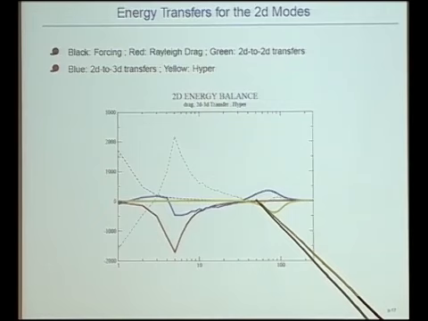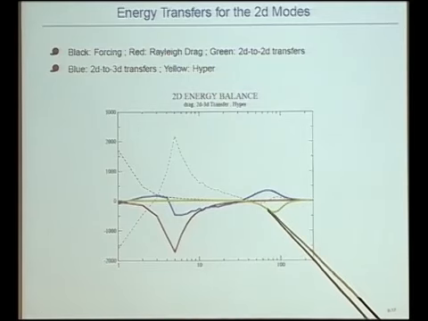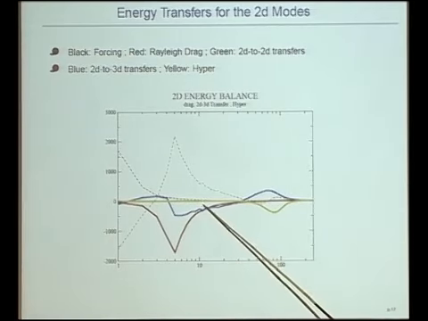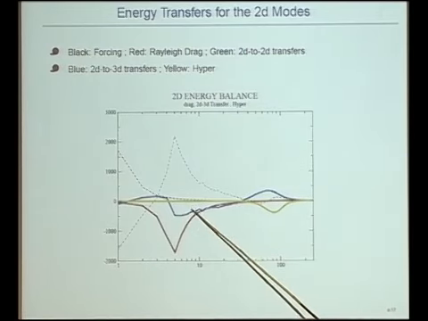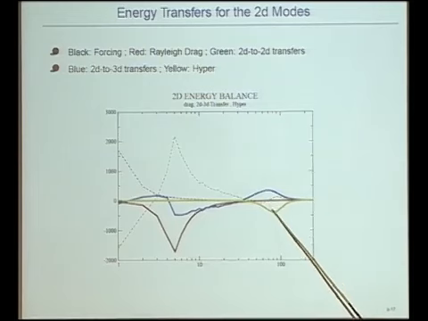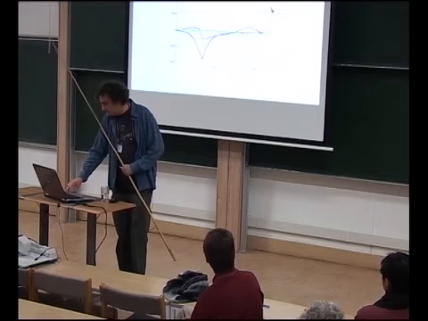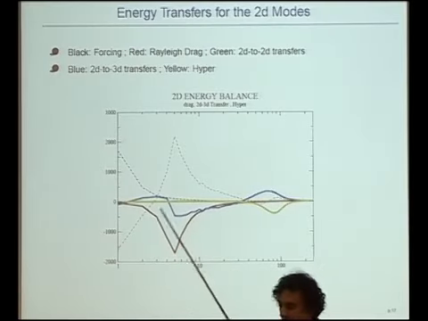They're damping it maybe a little bit to the right of the Rhines scale, and then dumping it back into 2D modes at high wave numbers. And that's causing the 2-dimensional hyperviscosity to turn on and dissipate this. Okay, so there's an additional force. The damping basically is mainly the Rayleigh drag, but also this 2D to 3D transfer and forward cascade mechanism, which gets sucked up by the hyperviscosity.